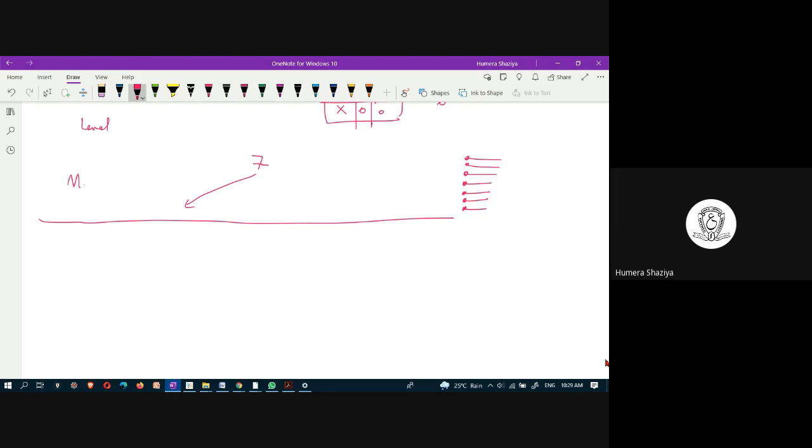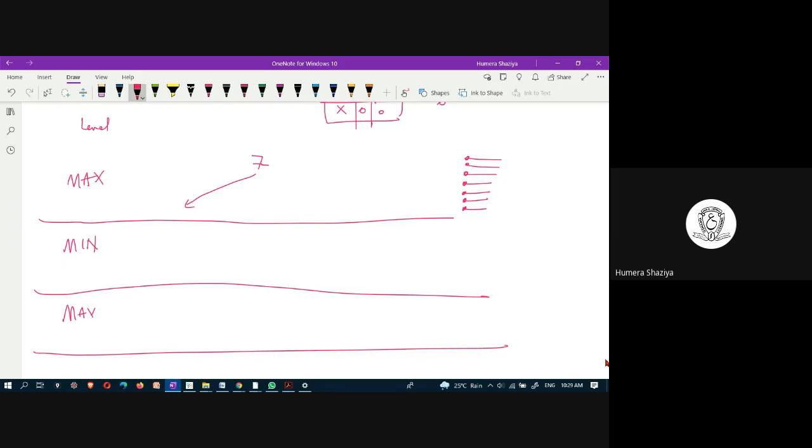This is the Max player and the Min player. Alternately, they play: Max, Min. So how many options does Max have based on the condition?